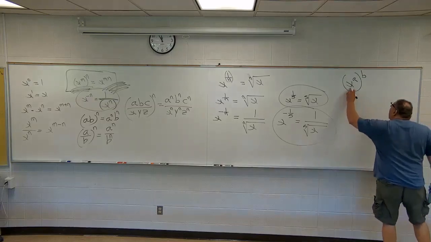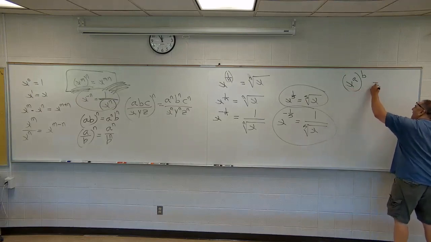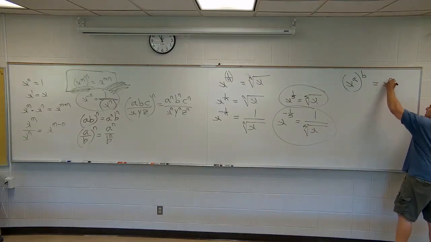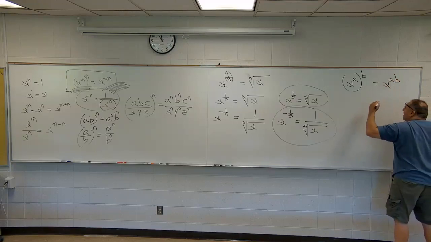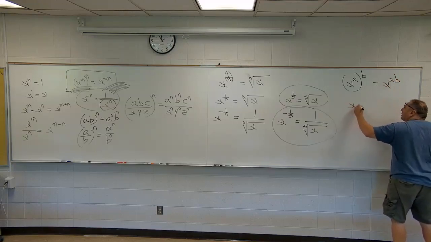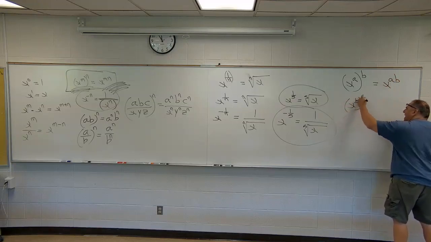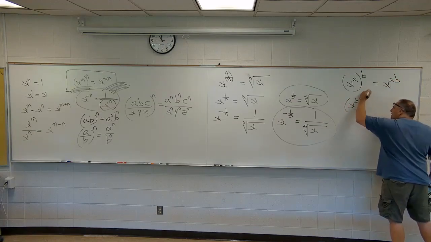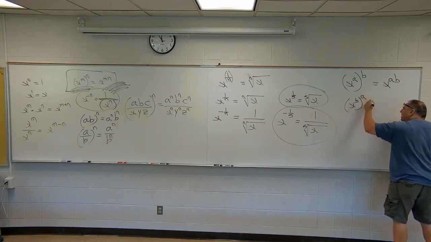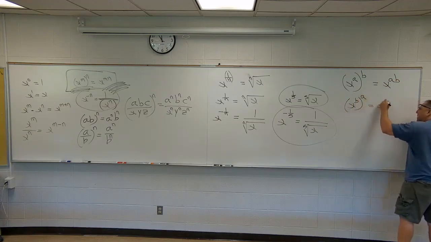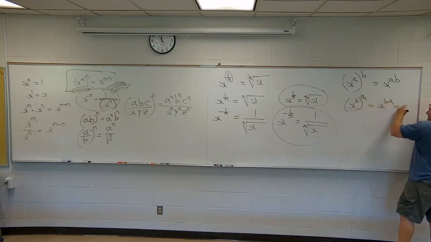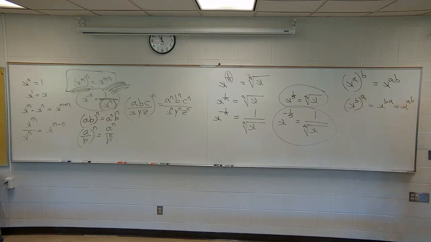If you're talking about this, I've got a question to ask you. That's a times b. Could you put the b right here and the a on the outside? Then you've got x to the b times a, which is x to the a times b.